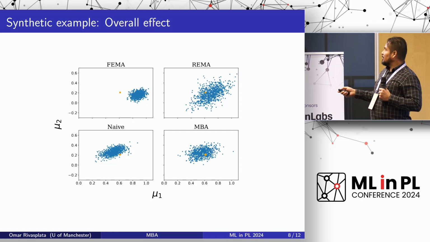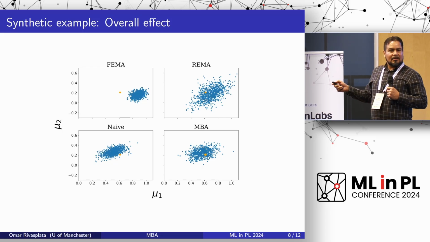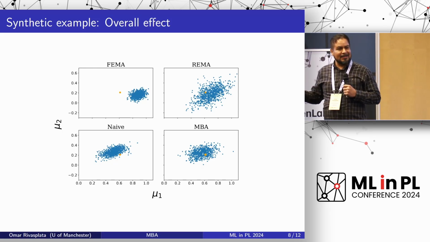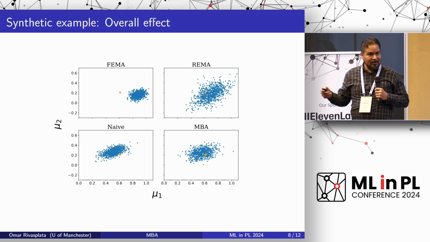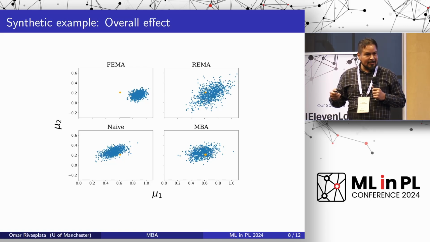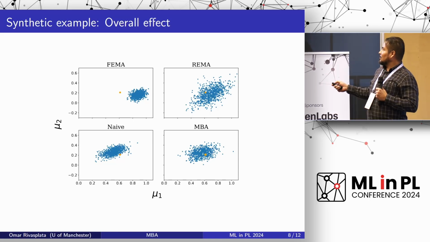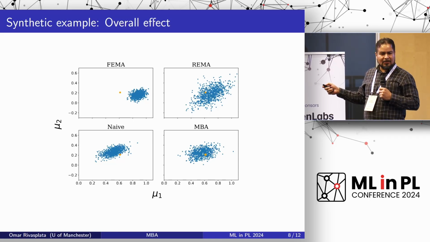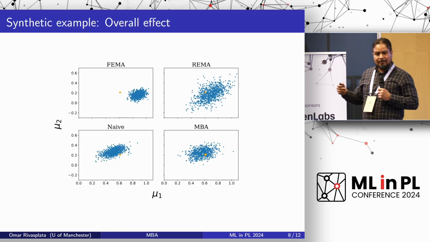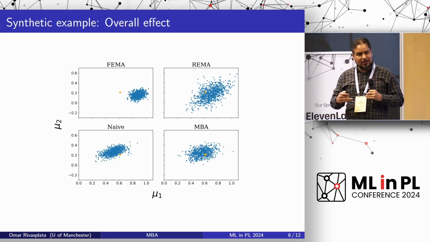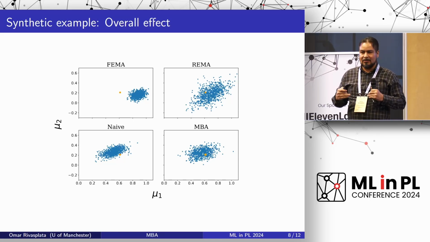And quick observations are, if we use the fixed effects model, this cloud of, by the way, this little point here represents the true value of the parameter. Since this is a synthetic example, we choose a true value, right? And then we generate data based on that. So, if we construct a posterior, we actually call it a super posterior because it's a posterior built on posterior distributions. We kind of wanted to convey that idea.